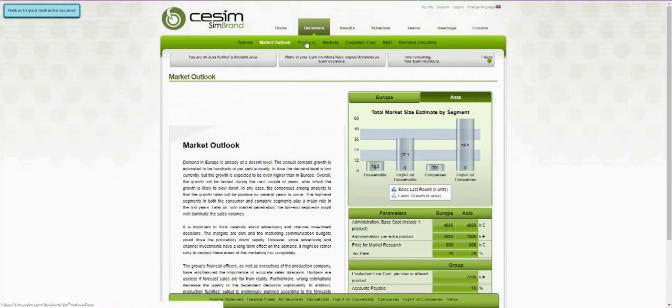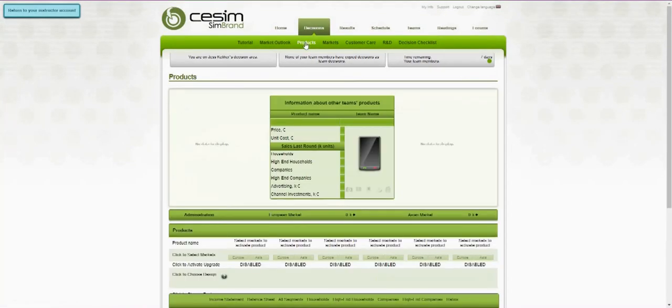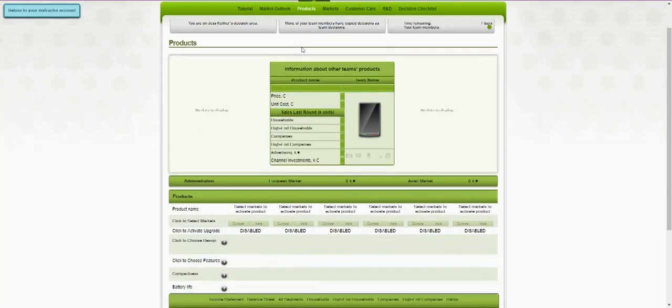The next decision, once you've read all the materials, is about your product. So the product for the simulation is like a mobile phone. There are certain segments of the market, and you can choose to target particular segments.